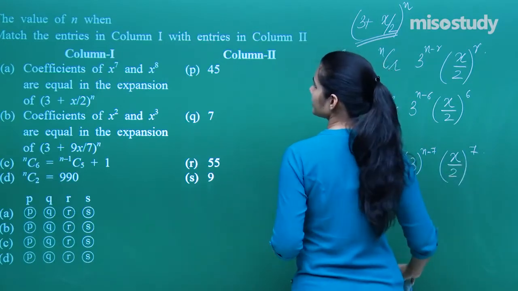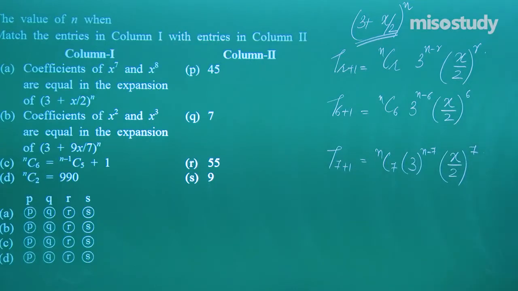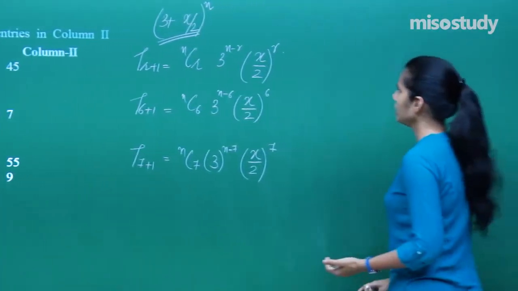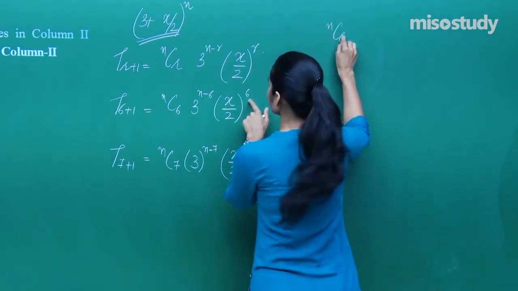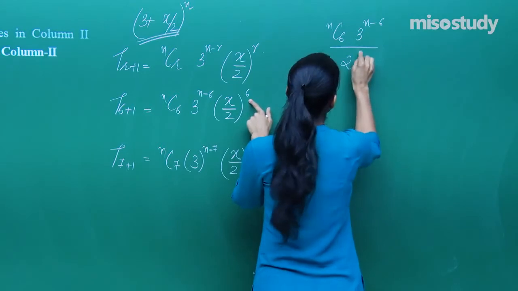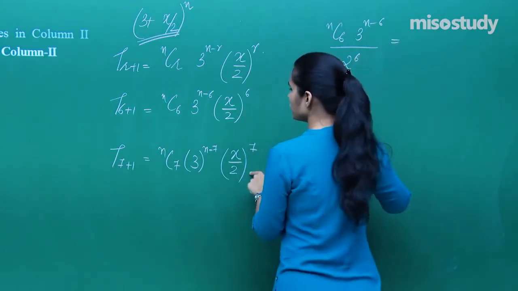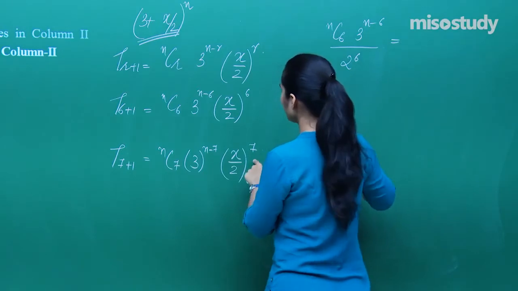Now, if I am saying that coefficients are equal, if the coefficients of x to the power 6 and x to the power 7 are equal, that means x to the power 6 has coefficient what? nC6 3 to the power n minus 6 upon 2 to the power 6, and coefficient of x to the power 7, and this is x to the power 8.